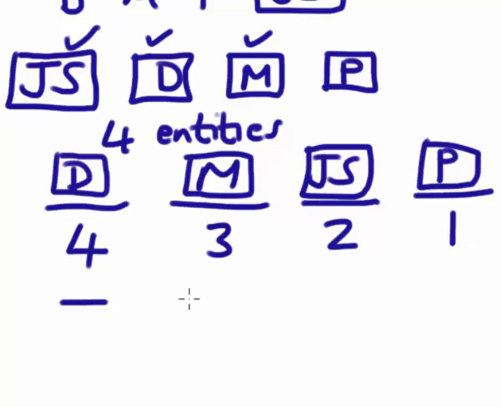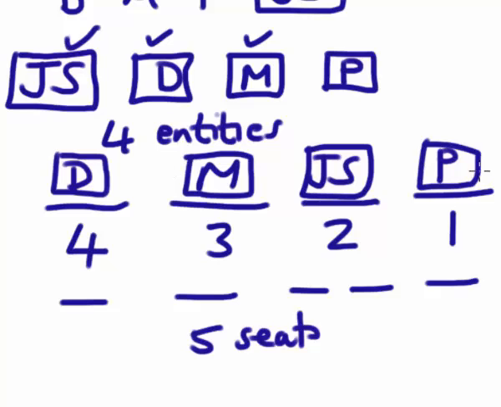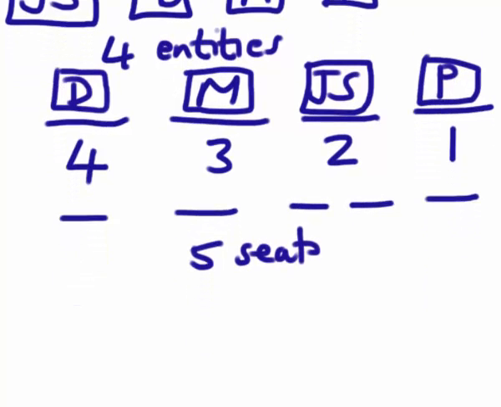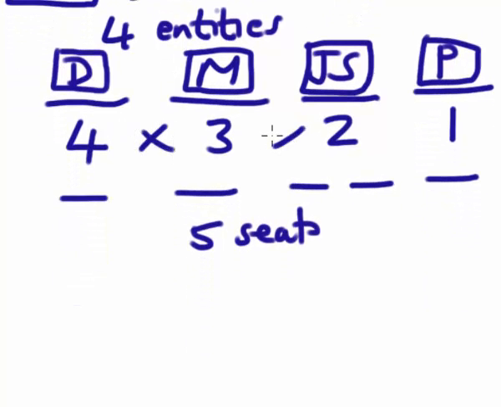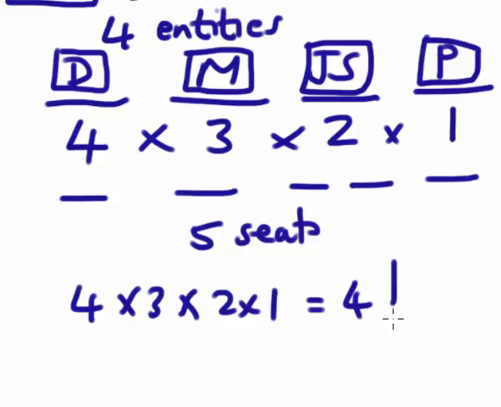Now remember, that's 1 seat, 2 seats, that's a 3rd seat there, but the couple occupy 2 seats, so there's still 5 seats, but they're 4 entities. And the way that we can arrange the entities together, in other words, the couple, Mike, Dimple, and Peter, would be 4 times 3 times 2 times 1, which is 4 factorial ways.